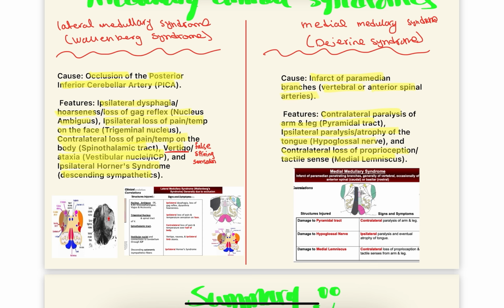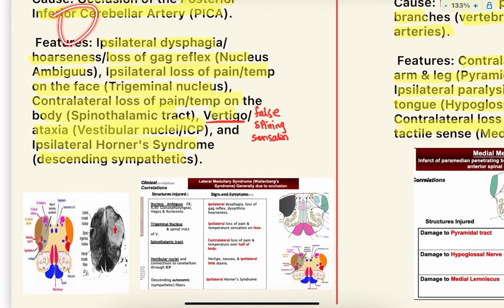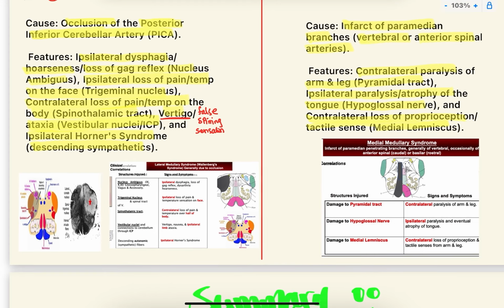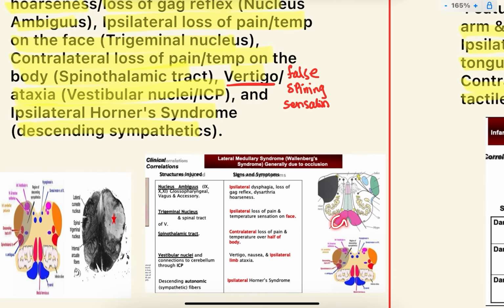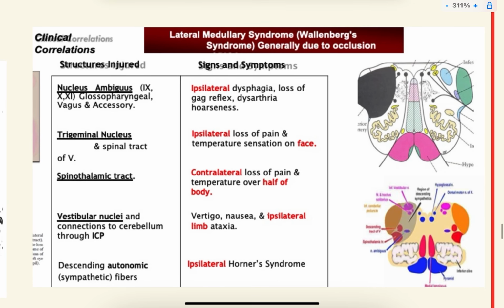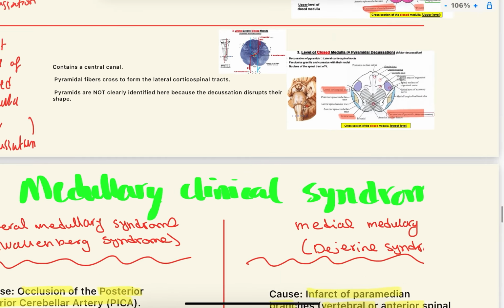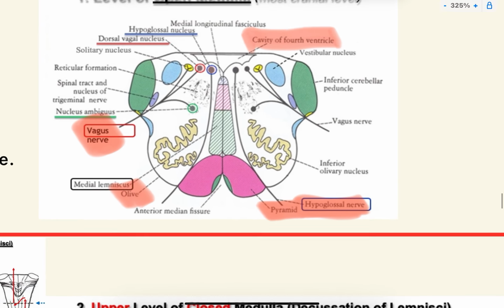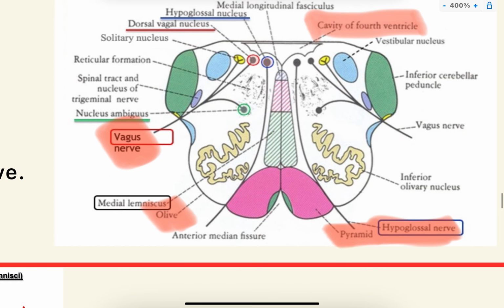Let's revise it again. The lateral, it will affect what? The PICA, and it will be here in this area, right? It will be in this area. So since it's in this area, it will affect the nucleus ambiguus, okay? And let me see if there's a clear picture to show it. Yes. So here's the nucleus ambiguus, okay?